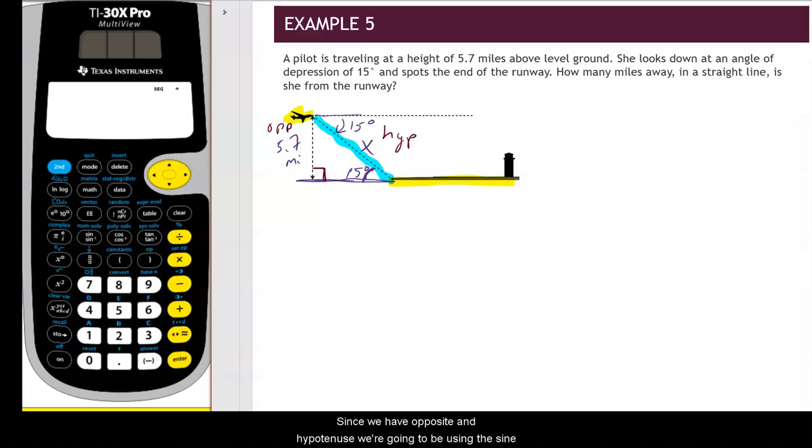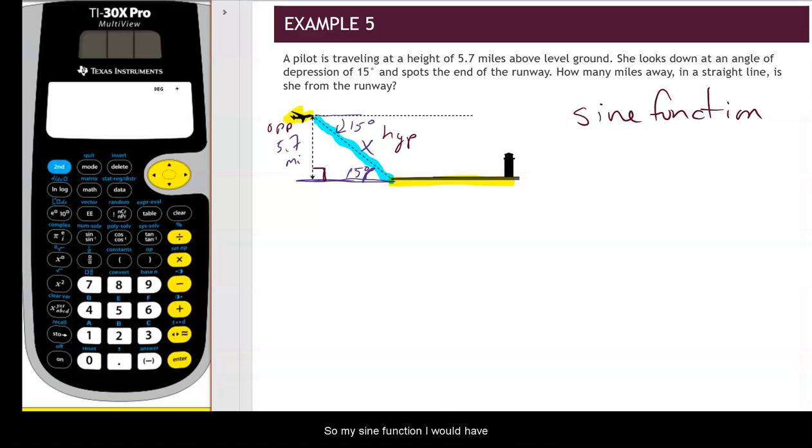Since we have opposite and hypotenuse, we're going to be using the sine function. It has to be a function since we have a right angle. So my sine function, I would have sine of 15 equals my opposite, 5 7/10 over x, the hypotenuse.